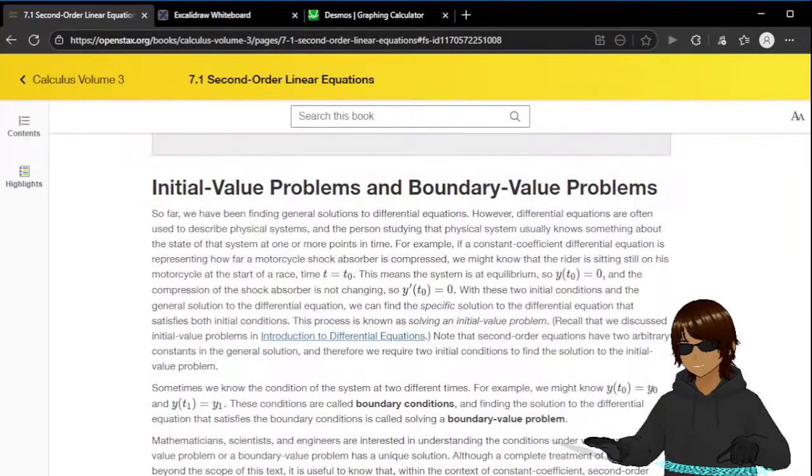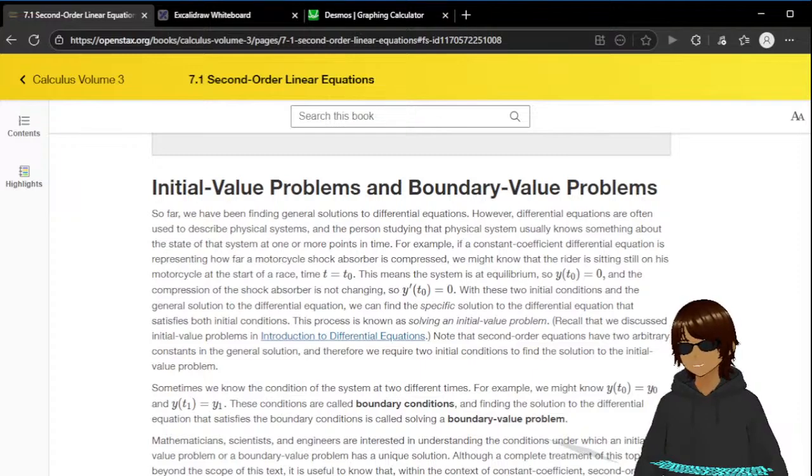Initial value problems and boundary value problems. So far, we have been finding general solutions to differential equations. However, differential equations are often used to describe physical systems, and the person studying that system usually knows something about its state at one or more points in time.